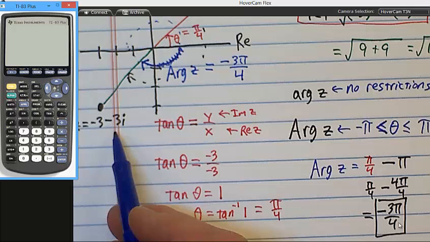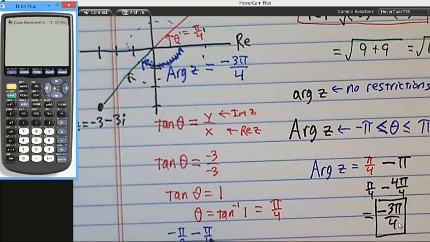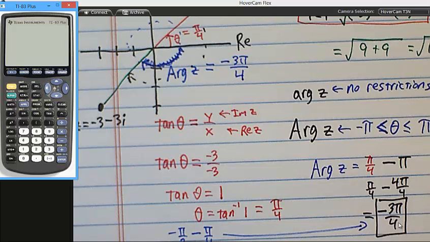That's another 45 degrees. That's another negative pi over 4. And that's really the fast way to get negative 3 pi over 4. Do you see it? Negative 2 pi over 4 plus another negative pi over 4 is negative 3 pi over 4. Get that? Okay. That's good.